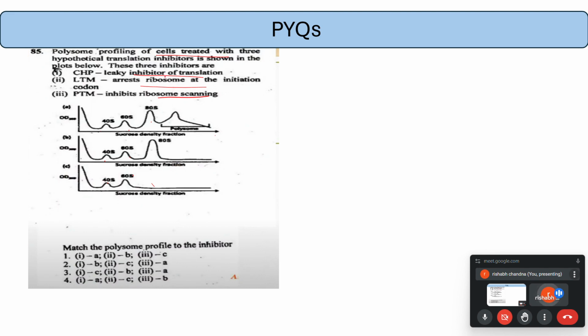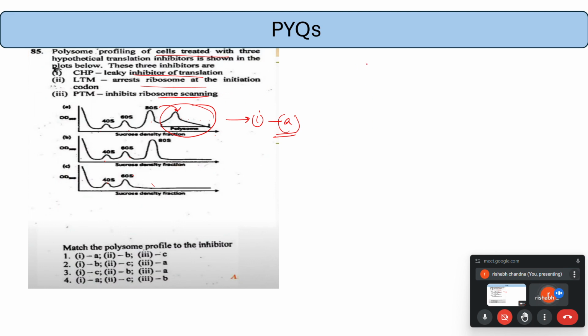That will allow the ribosome to bind to multiple sites, so polysomes will be formed in the eukaryotic system. So the first option, CHP, will be linked to A. Then we have LTM, which arrests the ribosome at the initiation site.